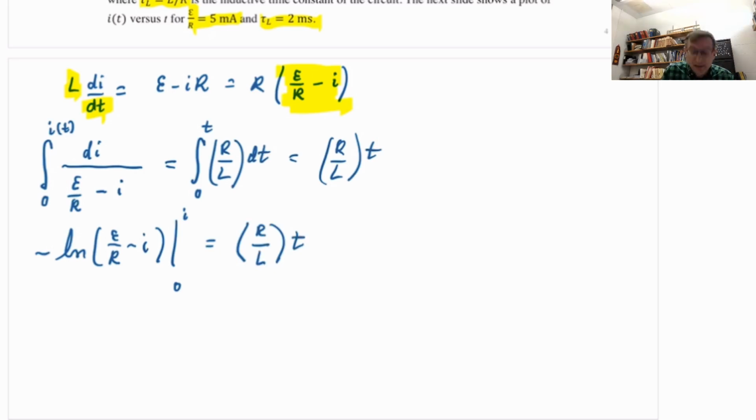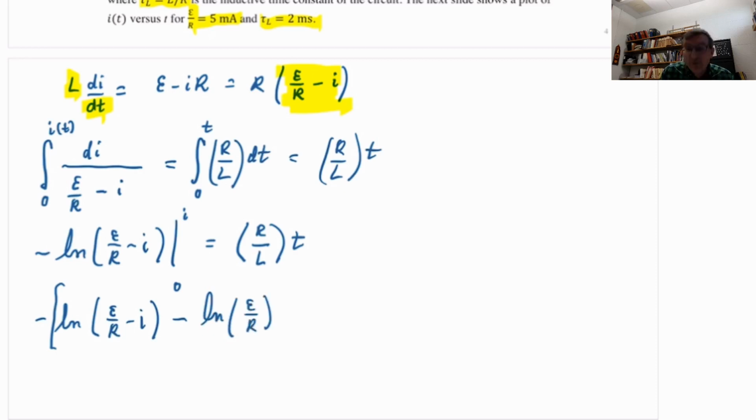Okay? And now let's put in the limits on the left. Let me factor a negative out front. Natural log of E over R minus I minus natural log of E over R. Like that.